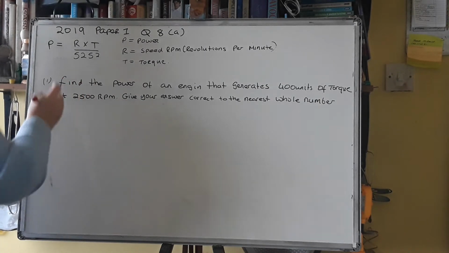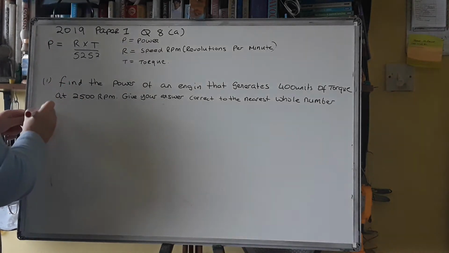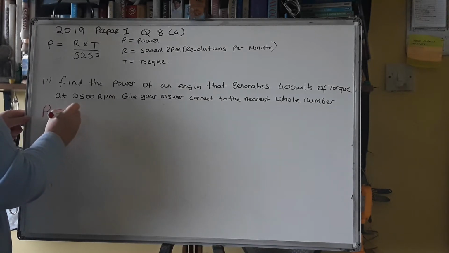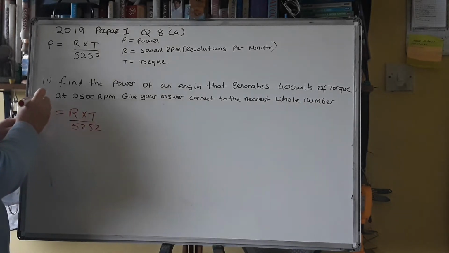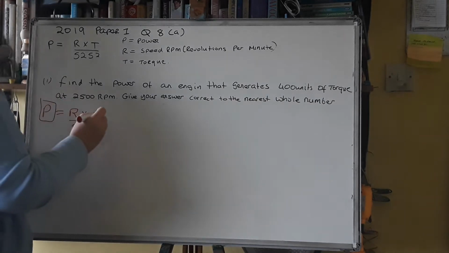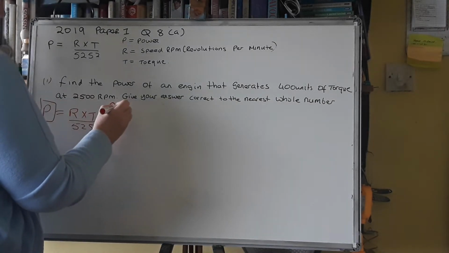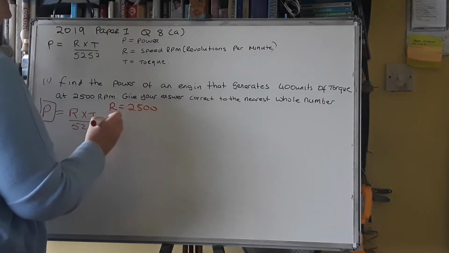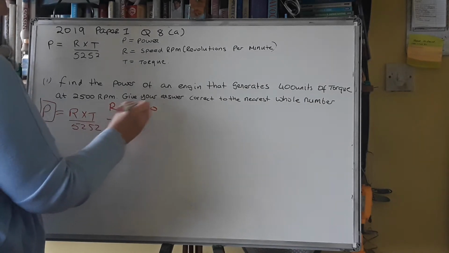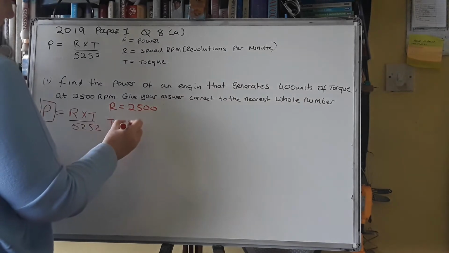Well, you're going to use this formula, P equals R times T over 5252. So you're looking for P, so you want to put in a value for R, which is your revs per minute, so that's 2,500, and a value for T, which is your torque, which is 400 units.